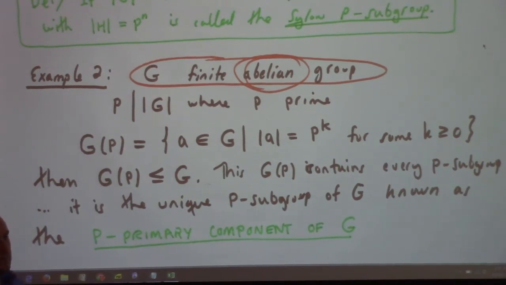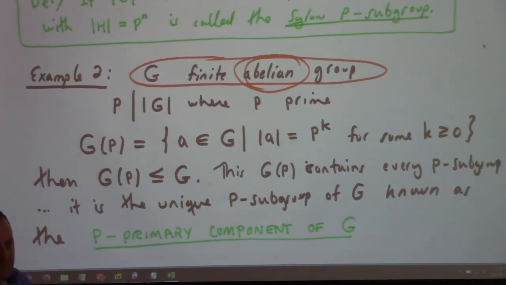So P could be 3, and this would be the collection of elements of the group that have order 1, 3, 9, 27, and so forth, whatever it happened to be.